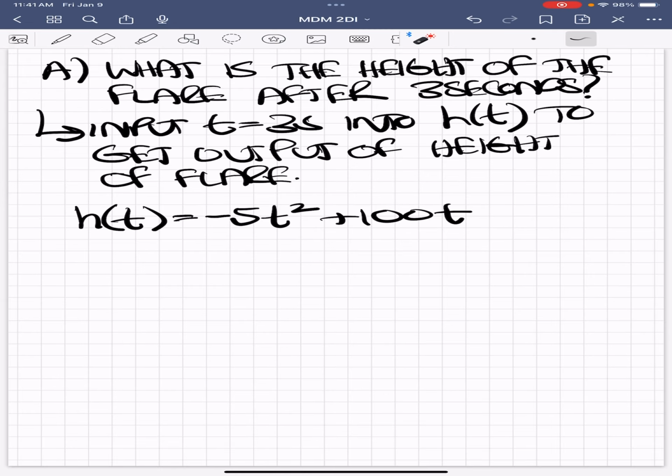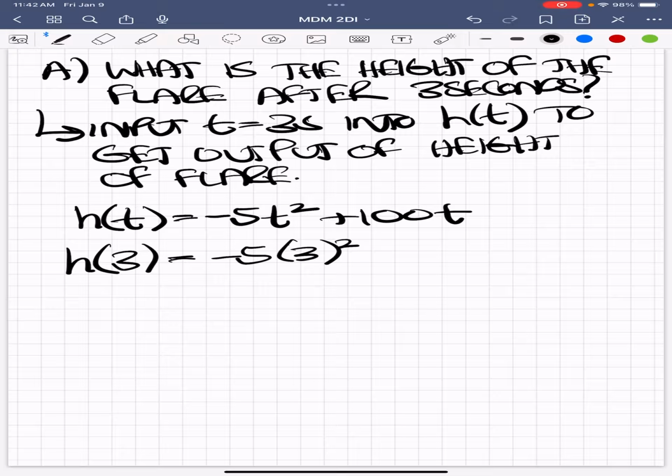So we input t of 3 seconds into h of t, the function, to get an output of height of a flare. So we're going to do h of 3, negative 5, 3 to the power of 2 plus 100, multiplied by 3.